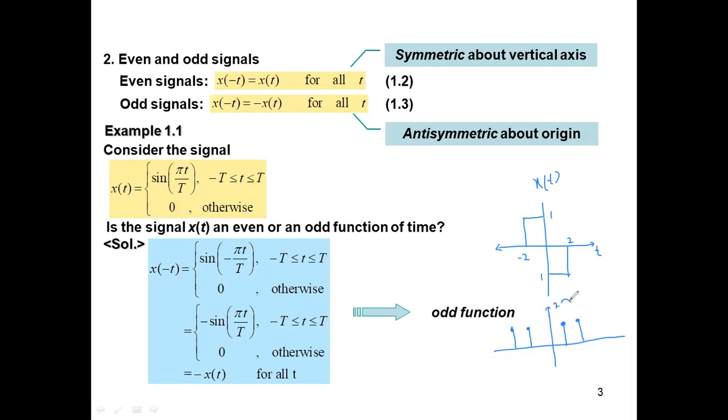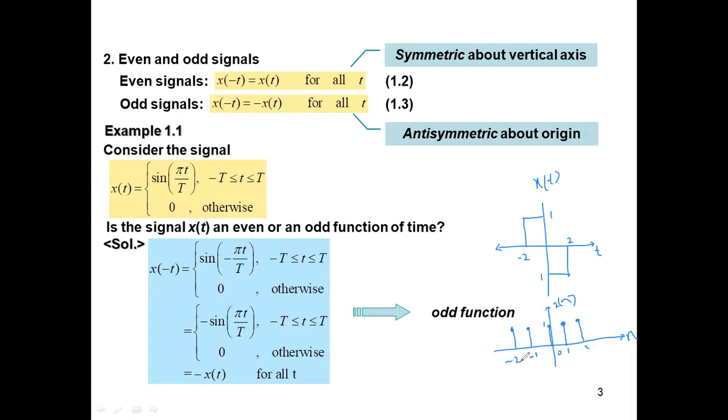This second signal is discrete time. Say this is 0, this is 1, 2, -1, -2. All the amplitudes are 1 only. Of course, at origin also there is a 1.